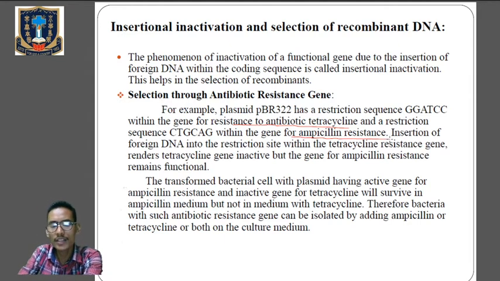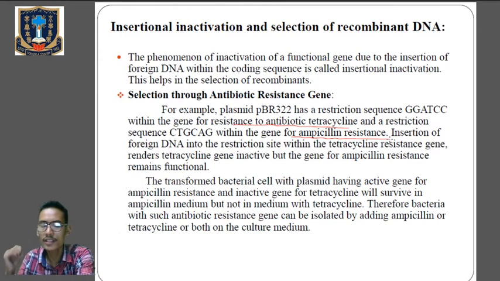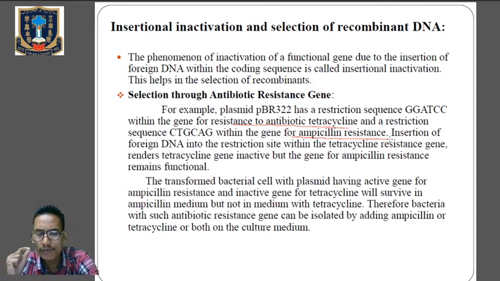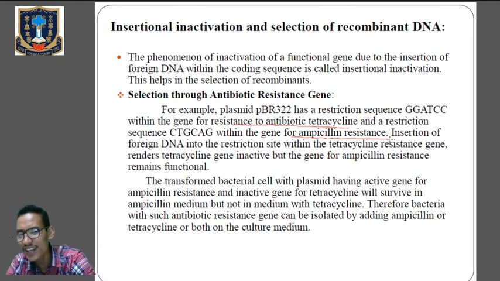So vector pBR322 has resistance to the antibiotics both ampicillin and tetracycline. A normal vector pBR322 has the property of ampicillin resistance and tetracycline resistance. Now, insertion of foreign DNA into the restriction site. Listen very carefully. Insertion of foreign DNA into the restriction site within the tetracycline resistant gene renders the tetracycline gene inactive, but the gene for ampicillin resistance will remain functional.